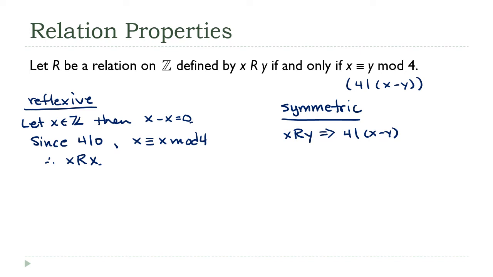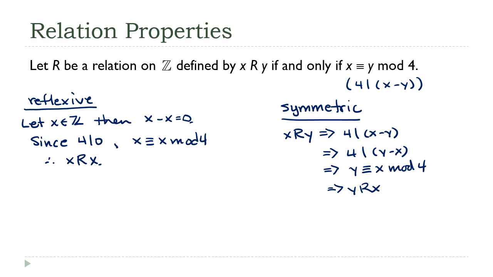If 4 divides X minus Y, then it also divides Y minus X. And if it divides Y minus X, then Y is congruent to X mod 4, so Y is related to X. So yes, this relation is symmetric.